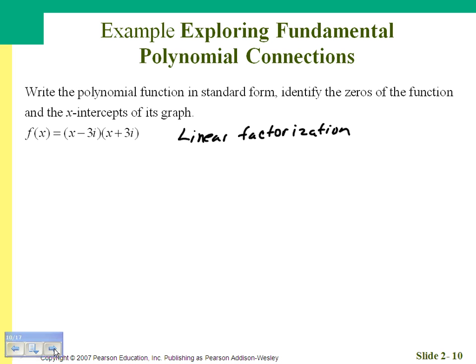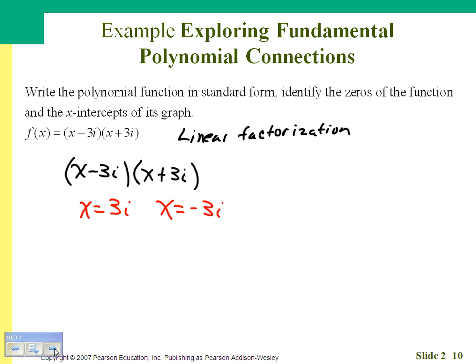I don't know if you can see this very well on your computer screen, but since x minus 3i is one of the terms and x plus 3i is the other term, that implies that the two zeros are x equals 3i from the first linear factor and x equals negative 3i from the second linear factor. Those are my two zeros or solutions.